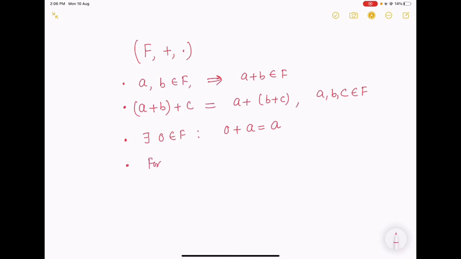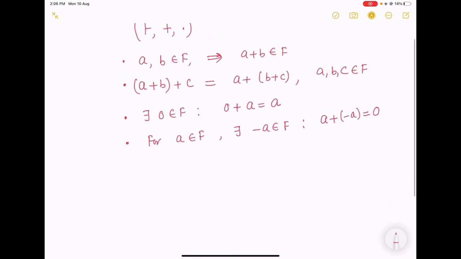For A in F, there exists minus A in F such that A plus minus A gives you the additive identity. Next property is the commutative property. A plus B is equal to B plus A.